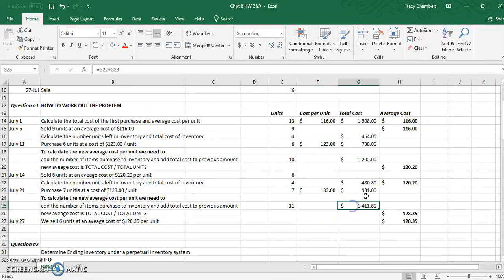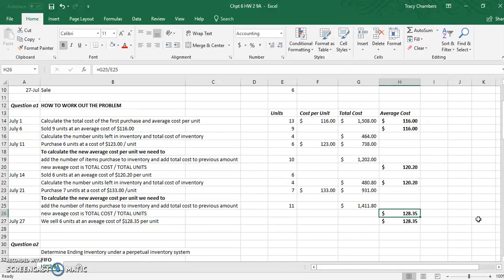At a total cost, we take the cost of the 4 that we had, $480.80. We add the new total cost from the 7 that we purchased, $931. That gives us a new total cost of $1,411.80.